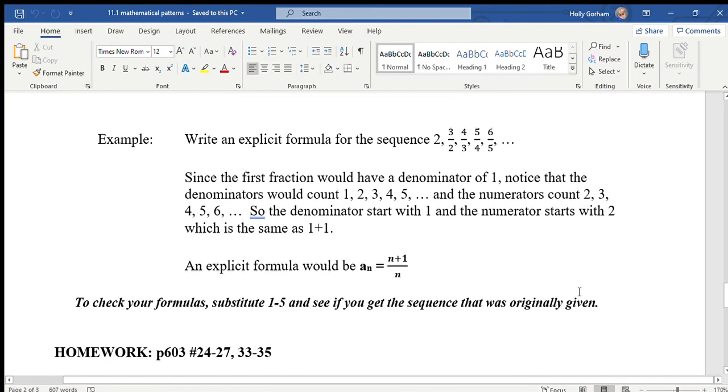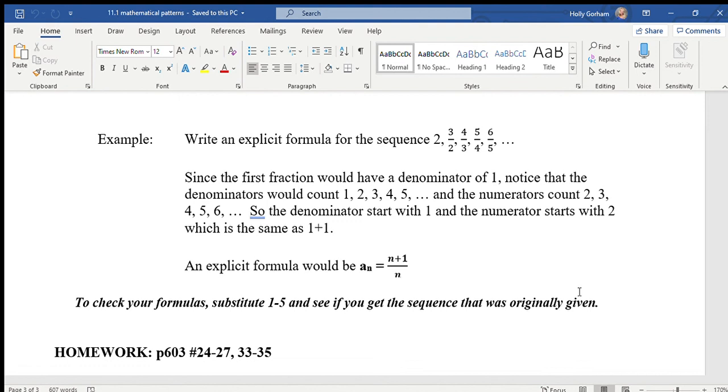Another example would be to write an explicit formula for this sequence 2, 3/2, 4/3, 5/4, 6/5. Now this one's a little different. If you think of the first fraction as being 2 over 1, notice that your denominators go 1, 2, 3, 4, 5, 6, and so forth.